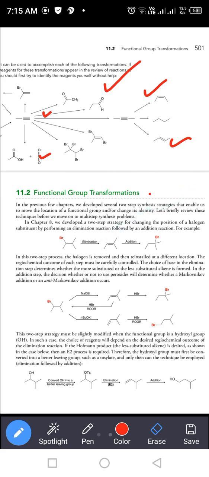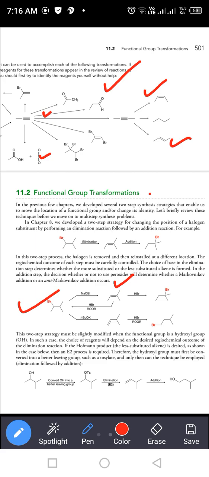So in this strategy the alkyl halide changes into alkene. How is this alkene made? By reacting with sodium ethoxide reagent. So the substituted alkene made here is a Zaitsev product.